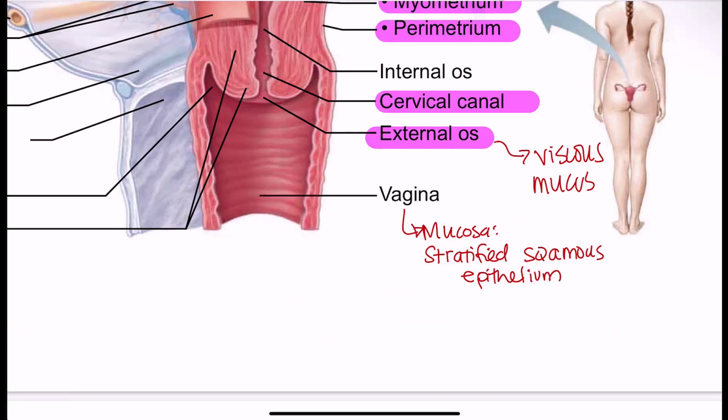Because we're going to try to reduce friction and all of the things. And this is the organ of copulation in females, or of sexual intercourse in female reproductive anatomy.